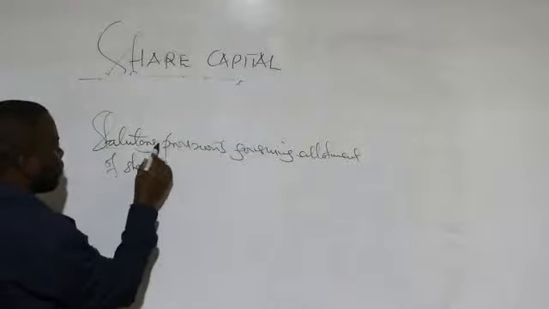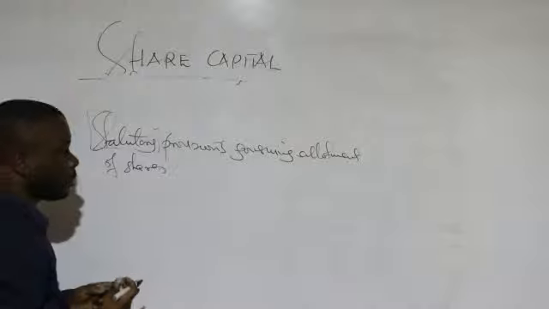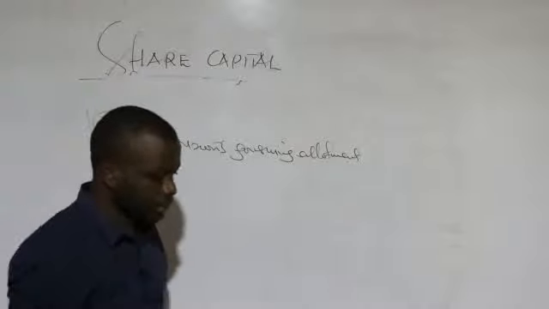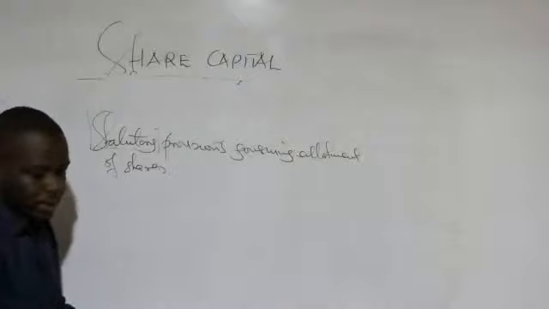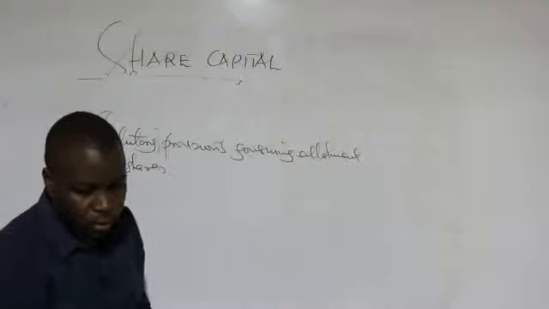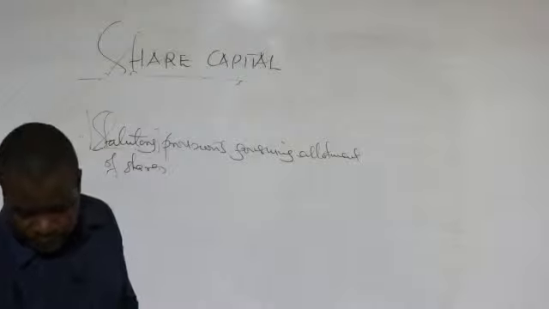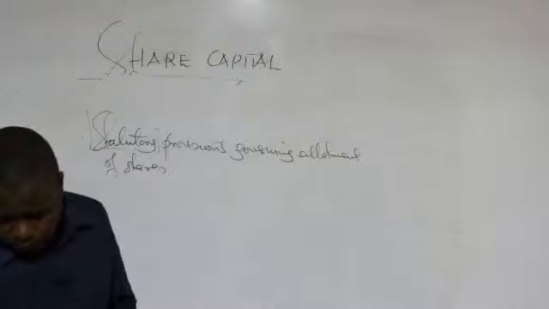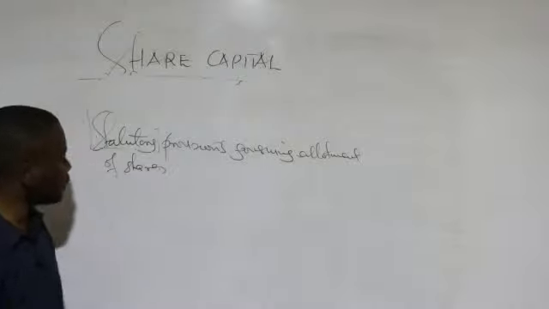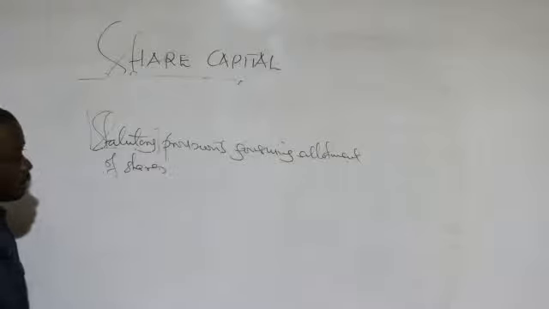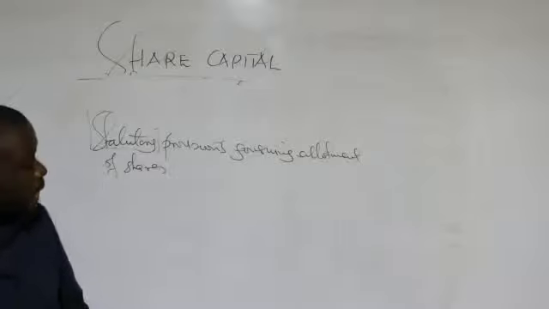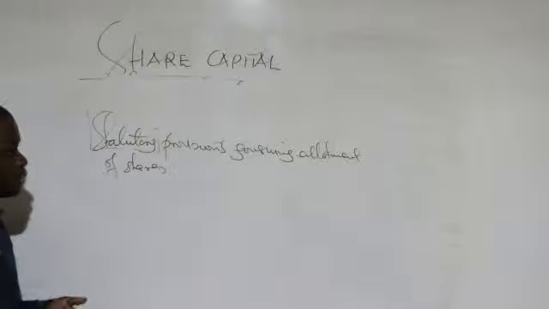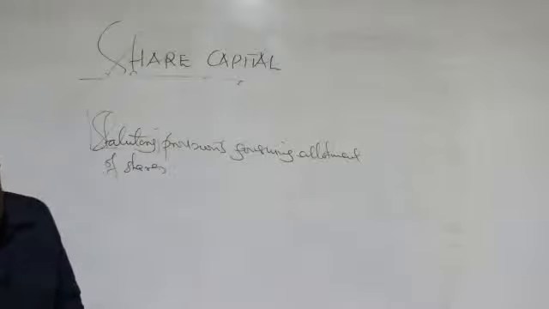When you talk about statutory provisions, you're talking about the requirements of the Companies Act when the company is allotting the shares. What are the major requirements they must conform with when allotting the shares? One of the key things is that any public offer made by the company cannot allot the shares before notifying the registrar.